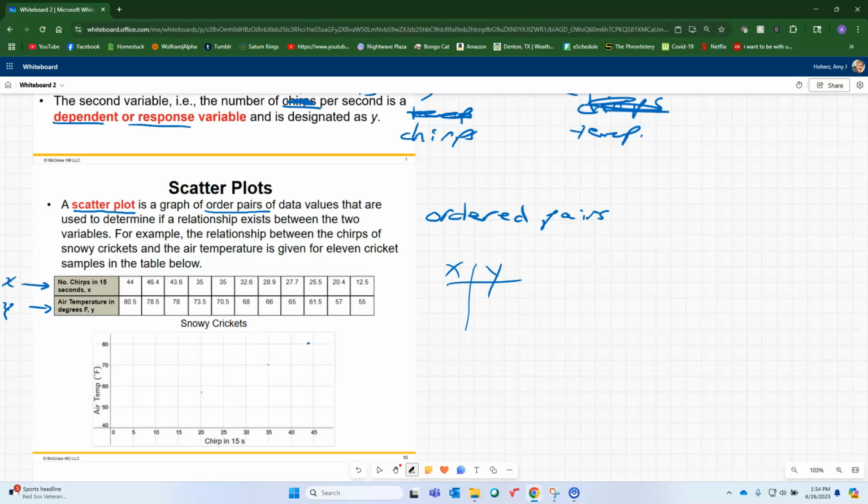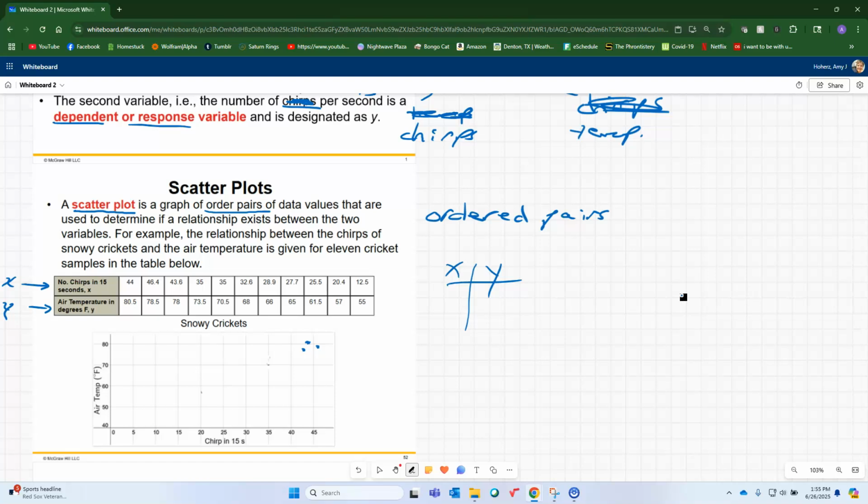So you notice it's not perfect because in this case, more chirps was a little lower temperature. But 43.6 would be a little bit past halfway between 40 and 45, and that's 78 degrees.